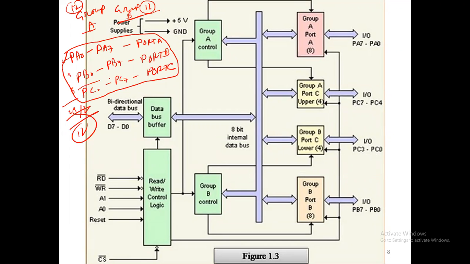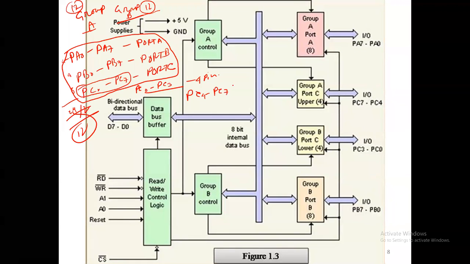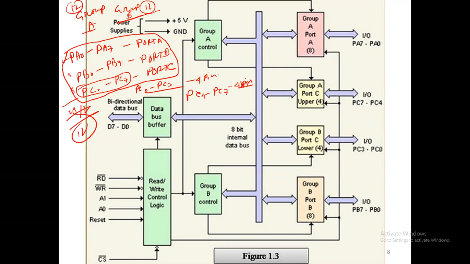This C port with 8 pins is divided: PC0 to PC3, these are 4 pins, and PC4 to PC7, these are 4 pins. So group A means port A, 8 pins, plus the upper part of port C, 4 pins. All are clear? These are 8 and 4, equal to 12.